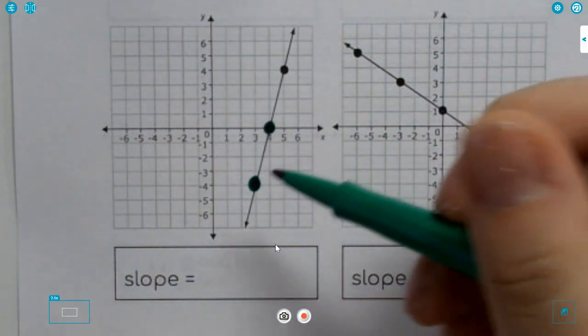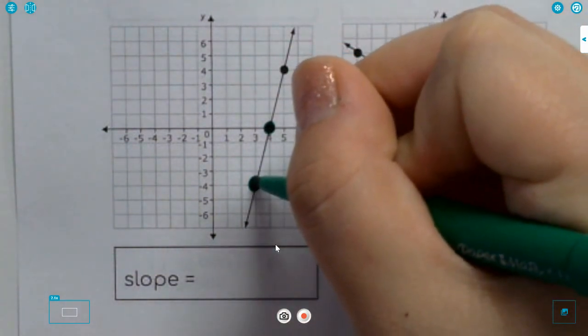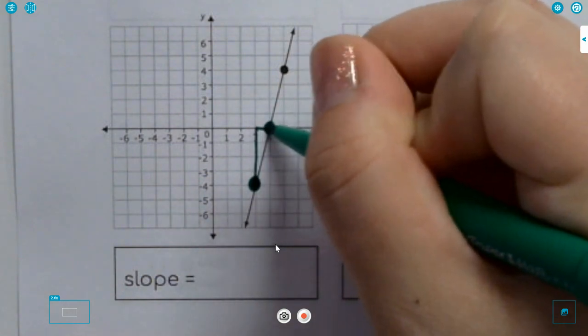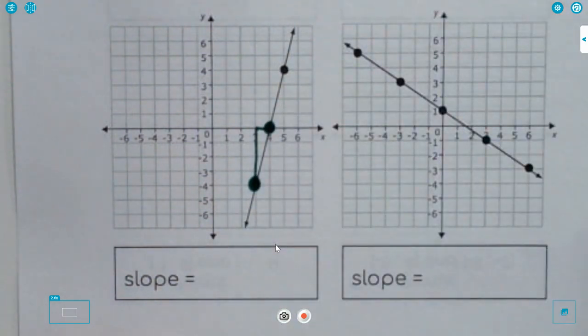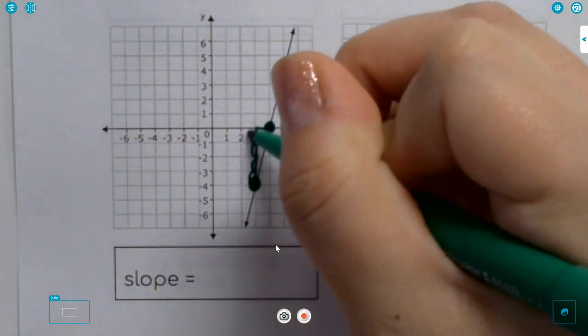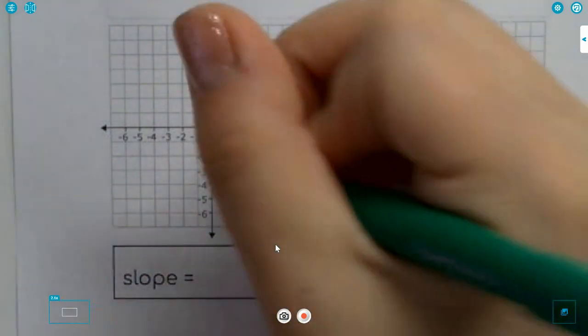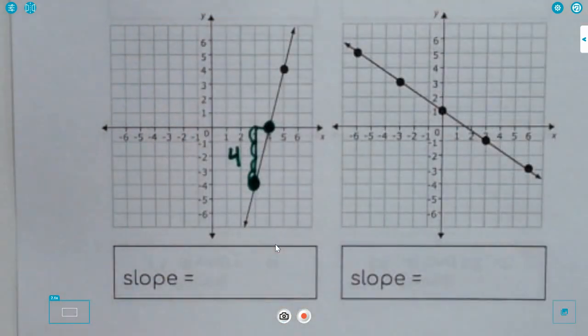I start at the one on the left, and I need to count how far up I go. So I always draw a little triangle to the left of my line. And I go up 1, 2, 3, 4 spaces. So my rise is 4.